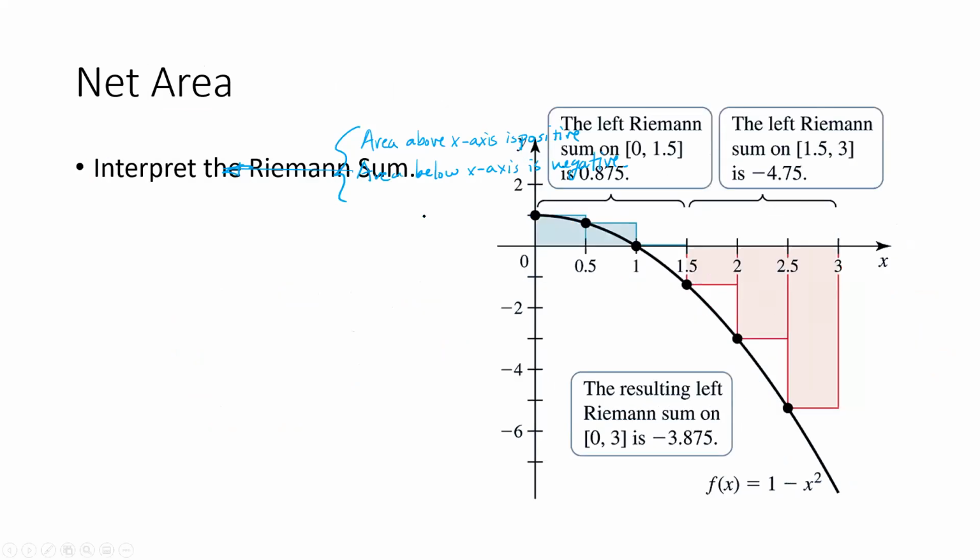So with that in mind, we can think of our Riemann sum here as we've got some rectangles that lie above the x-axis.